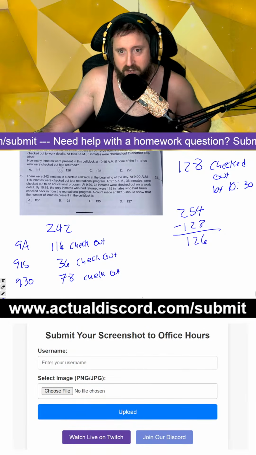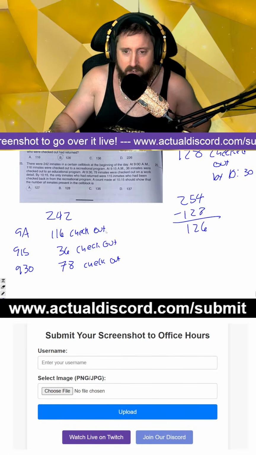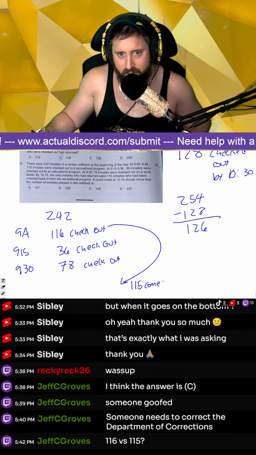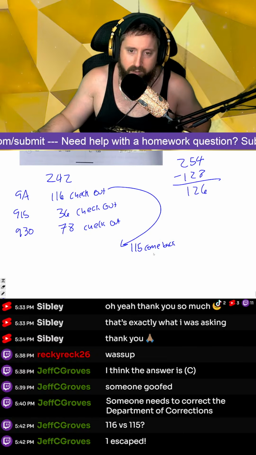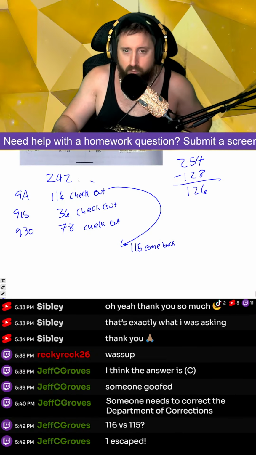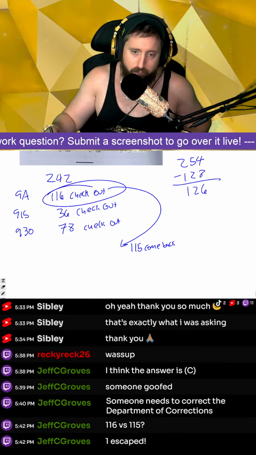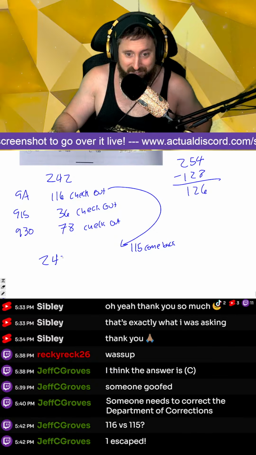By 10:15, the only inmates who had returned were 115 who had been checked back in from the recreational program. Oh, okay. So then here, 115 come back. Okay, so really, you only lose one from here, right? You lose 116, but 115 come back. So you only really lose one. One escaped. Yeah, I guess so.